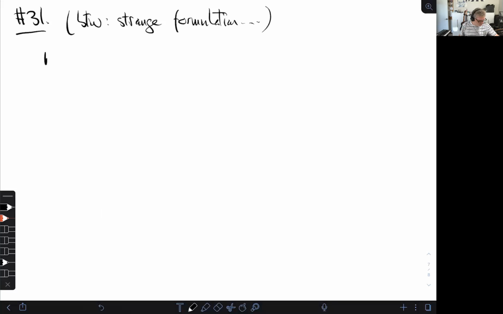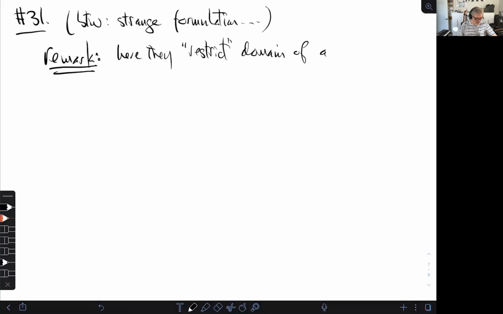Okay, so here's a remark. This is totally legit, but I wasn't expecting this looking at the problem. So here, they restrict the domain of a predicate to, and I'll just write it as a product, it's easier, {0, 1, 2} times {0, 1} times {0, 1}.